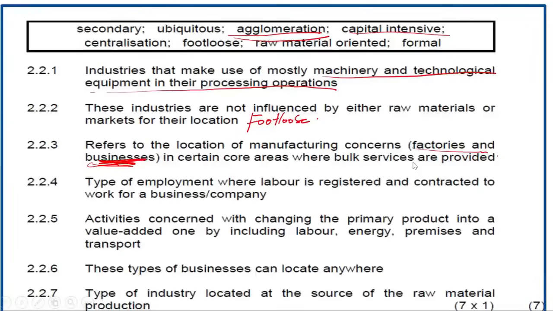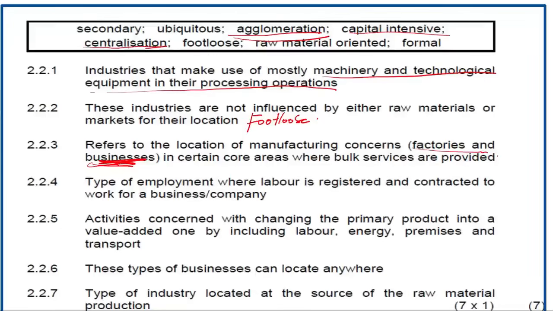Even if the shops are not selling the same product, all shops are selling products. So that's agglomeration. So you must differentiate between agglomeration and centralization.